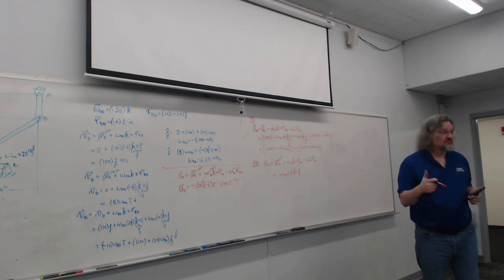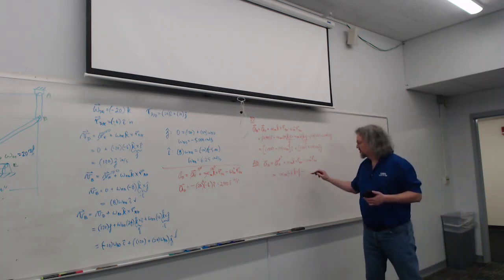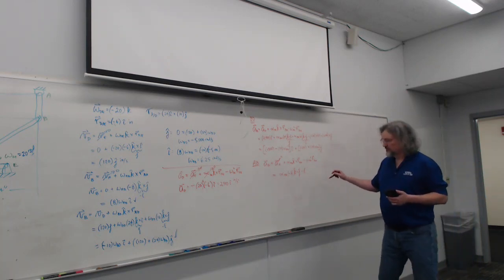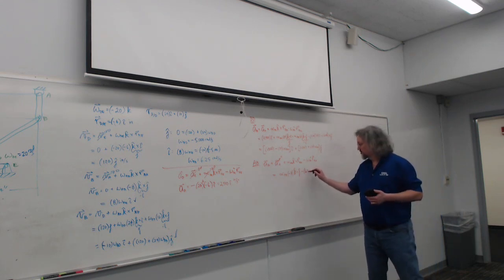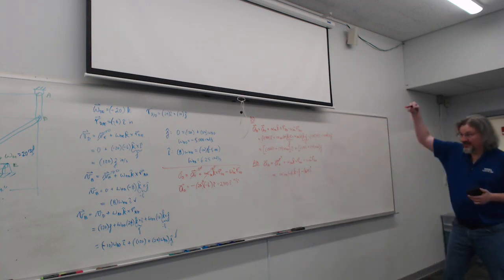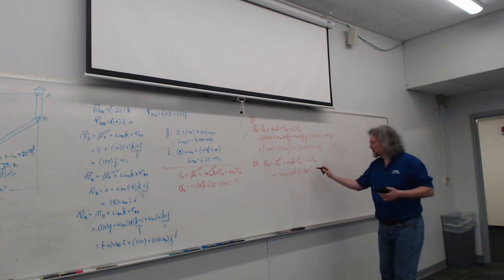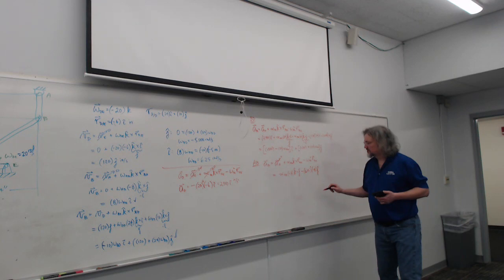Right with that? And then for this part, we're going to minus 6.25 squared. And then R B with respect to A is negative 8 in the J direction.